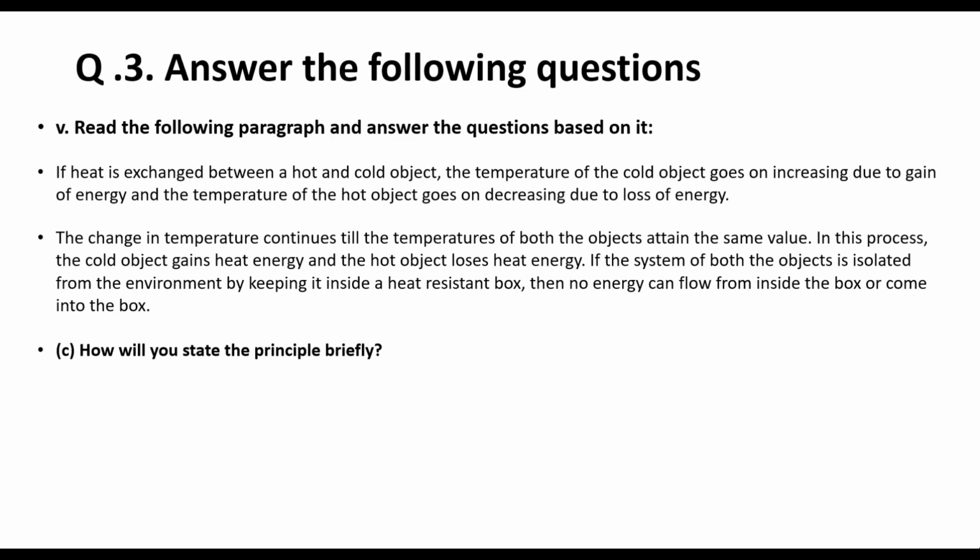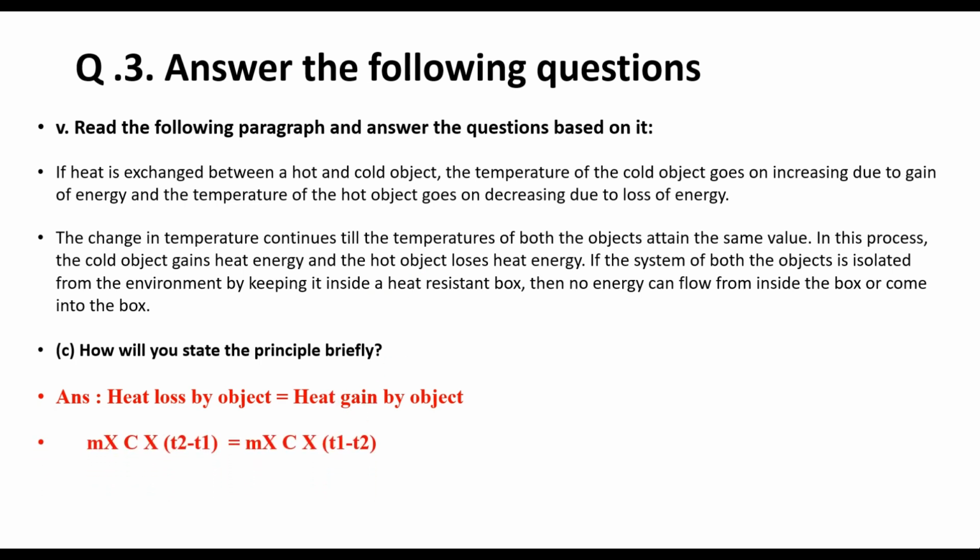Now move to the third question. They ask: can you explain or state the principle you wrote in option B? Can you elaborate on it? The answer is yes. The heat lost by an object is equal to the heat gained by an object.